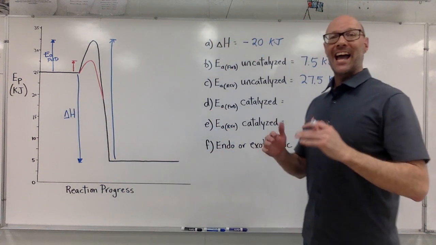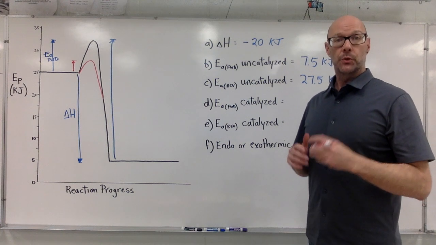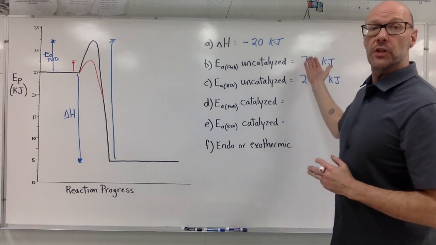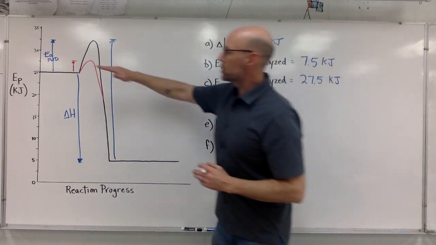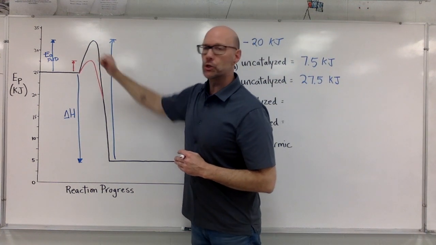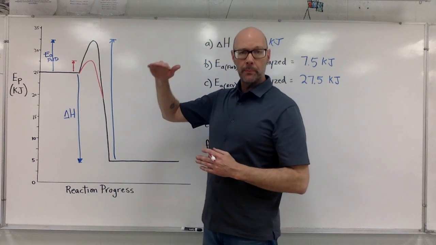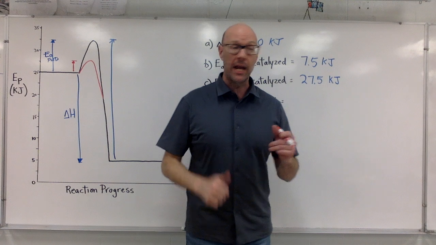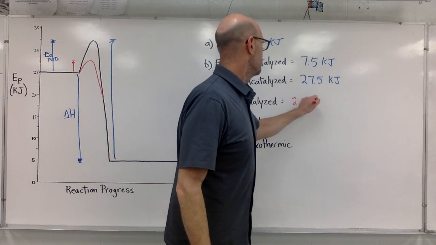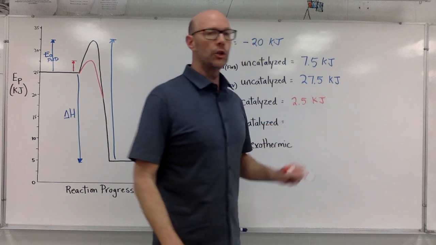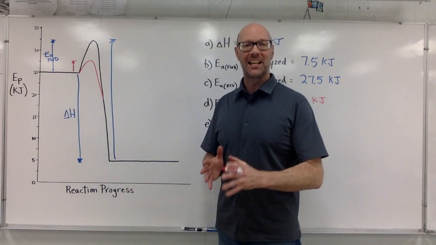Please recall, a catalyst decreases the activation energy. So it's a normal thing for us to see lower values than the uncatalyzed ones. This is from 25 up to 27.5. 25 up to 27.5 is a change of 2.5 kilojoules for our forward catalyzed reaction.